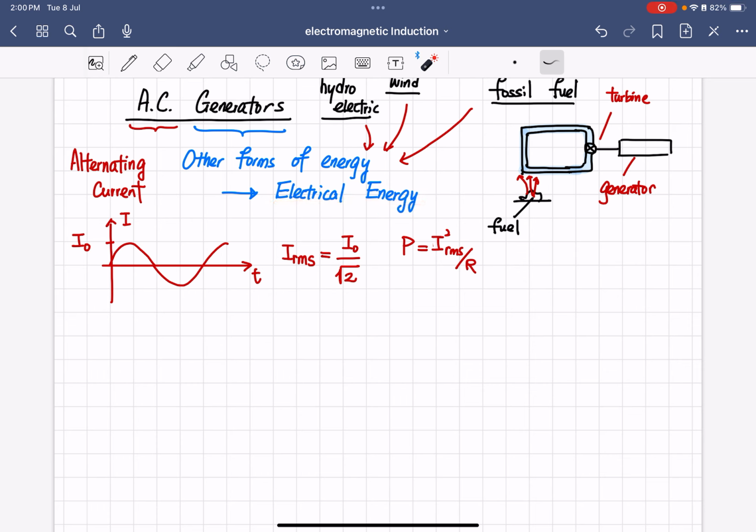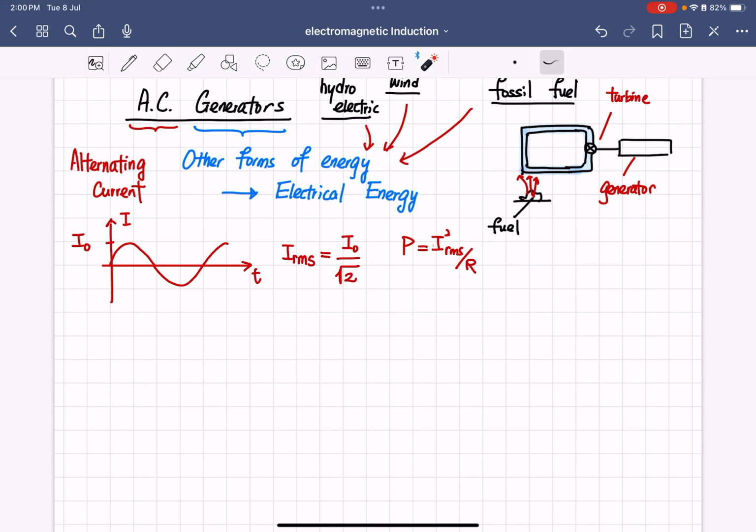So you will not see a cell or a power supply in an AC generator. Another question that some students will ask is, why do we study a generator that produces AC instead of DC? With the mind that DC is easier to use.